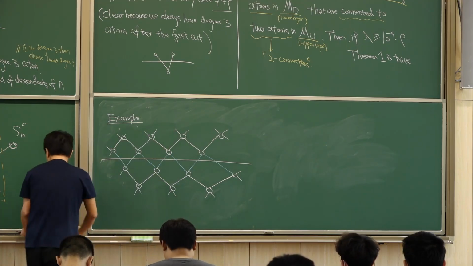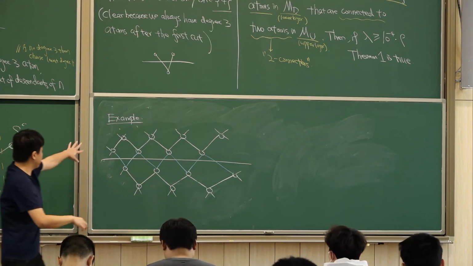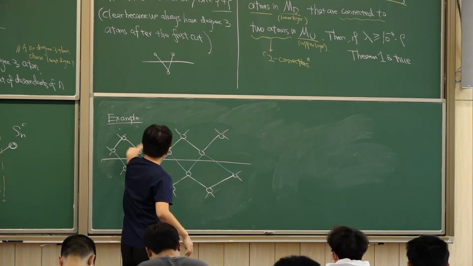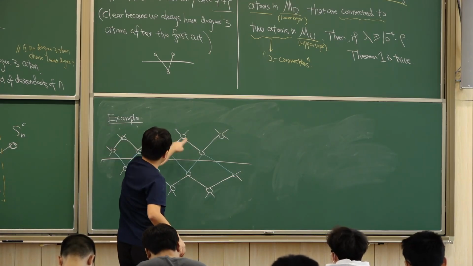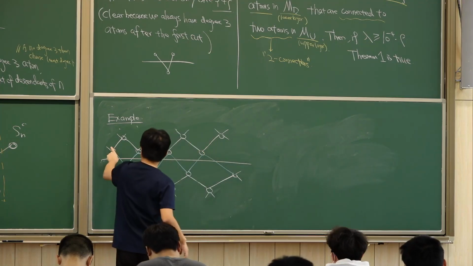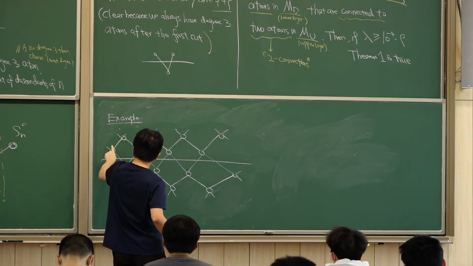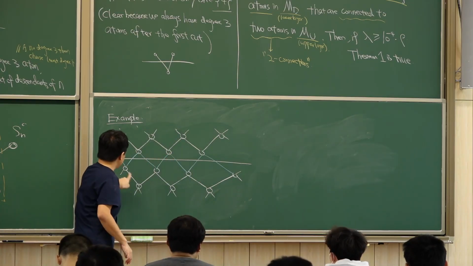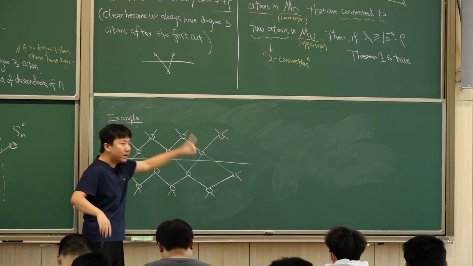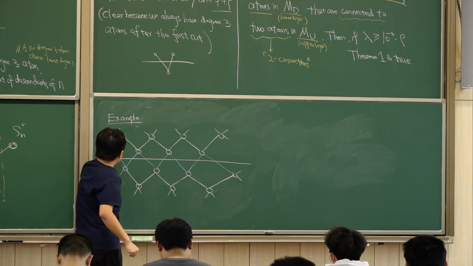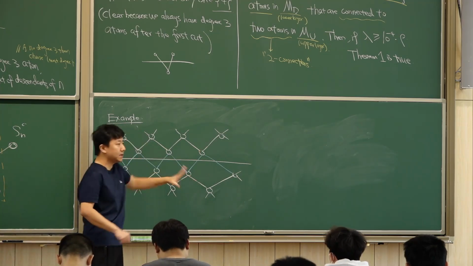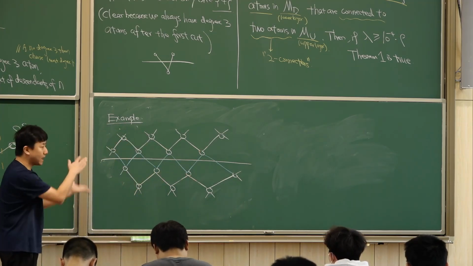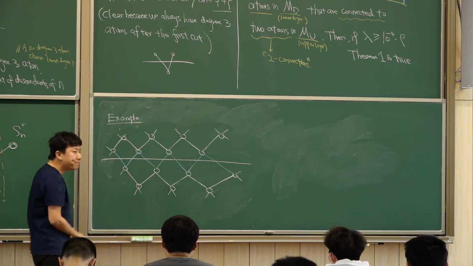Okay, so let's look at the picture. On the upper level you have a zigzag chain going up, down, up, down, up, down, up, down, and on the lower level you have a zigzag chain going down, up, down, up, down, up, down, up. And then you see these blue edges are the UD connection, the connection between the up layer and the down layer.